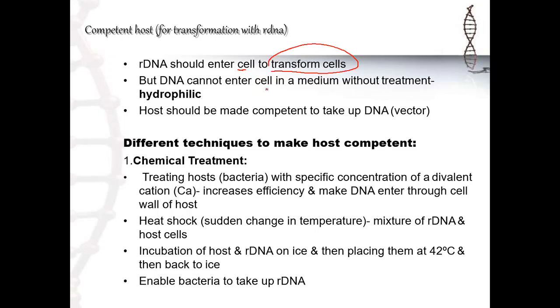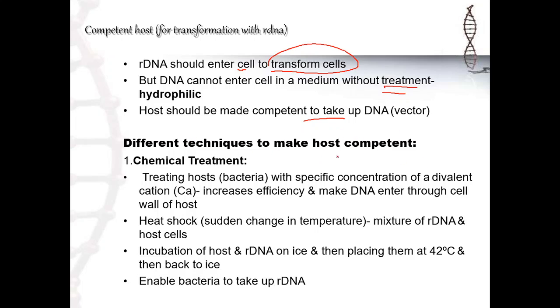But DNA cannot enter the cell in a medium without treatment. So there must be some requirements so that the recombinant DNA can penetrate into the host cell. The host should be made competent to take up DNA. So how do we make the host cells competent to take up DNA?